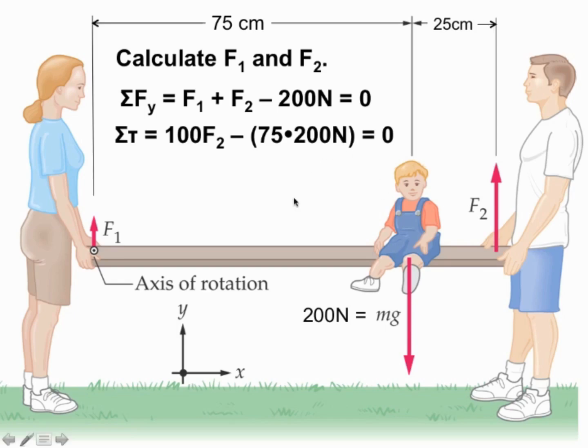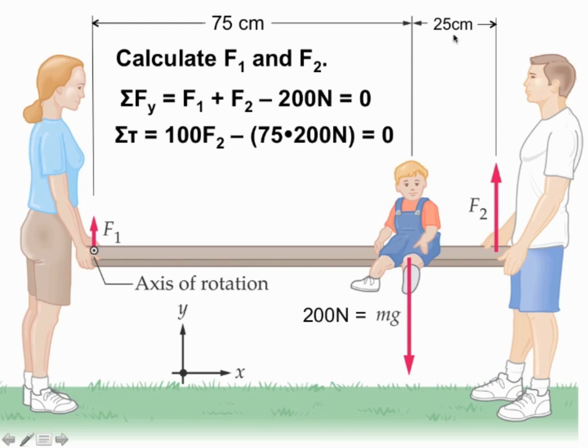So let's look first at Daddy's torque. While you're doing that, you can pretend the little boy isn't even there. If that's the case, then we have a force, F2, and that's going up, and it's at a distance of 100 centimeters. That's why I have 100 F2. 75 plus 25 is 100.